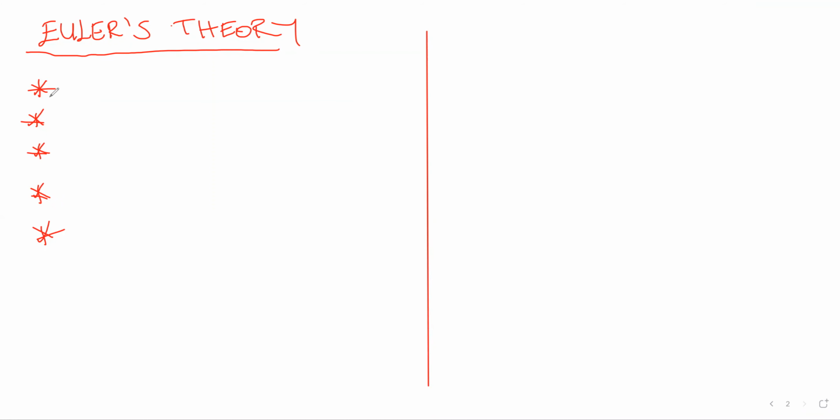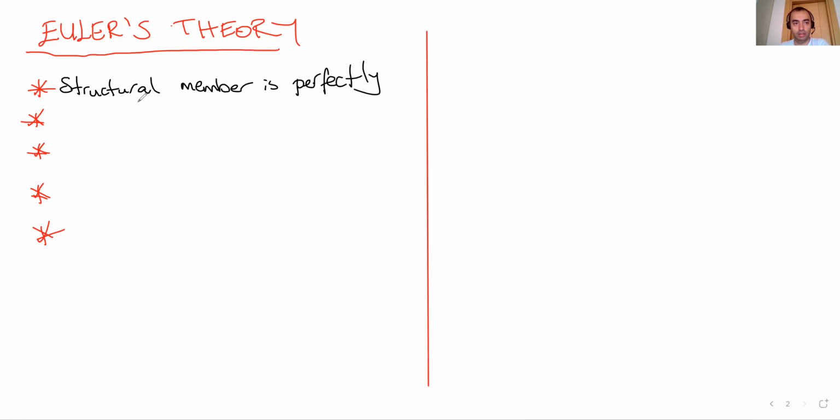The frame member or structural member is perfectly straight at initial position. So it's perfectly straight. There is no imperfection on the member.